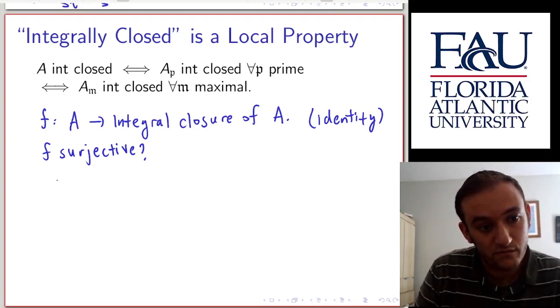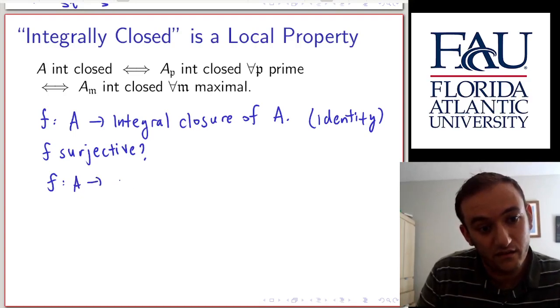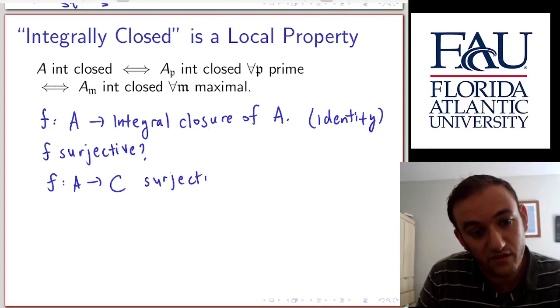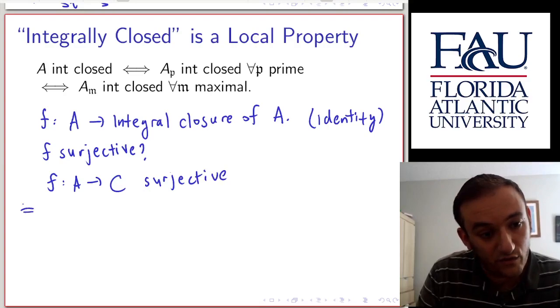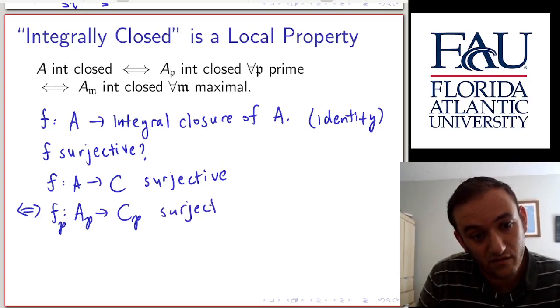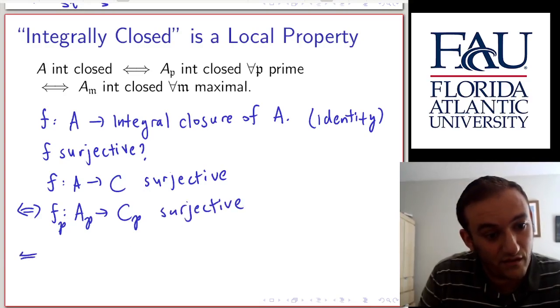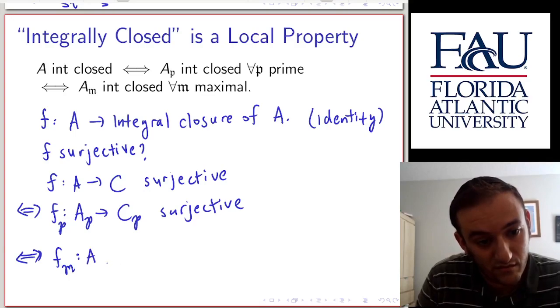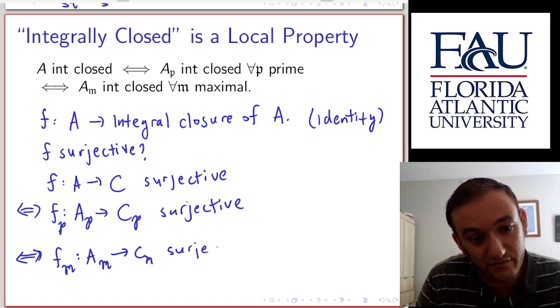So f from A to, let's call this C, is surjective if and only if f localized at P from AP to CP is surjective, if and only if f M sending AM to CM is surjective.